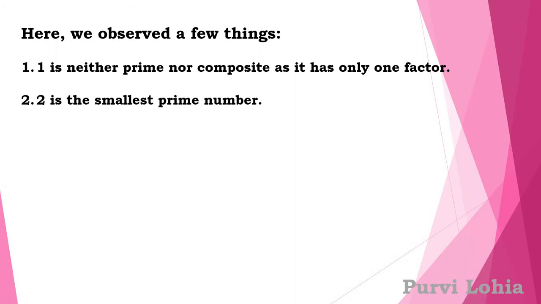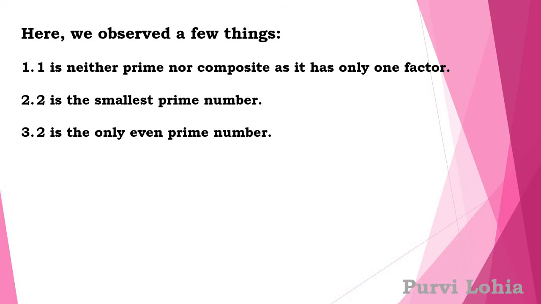2 is the smallest prime number. Obviously after 1, 2 is there and 2 is a prime number. It has only two factors, so 2 is the smallest prime number. 2 is the only even prime number. You see, as I told you, all the even numbers are divisible by 2, right?